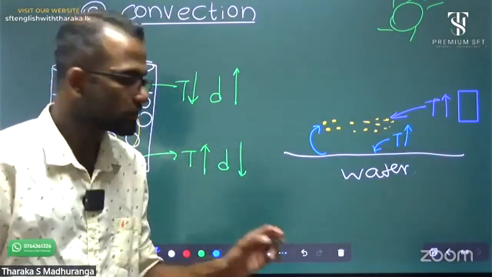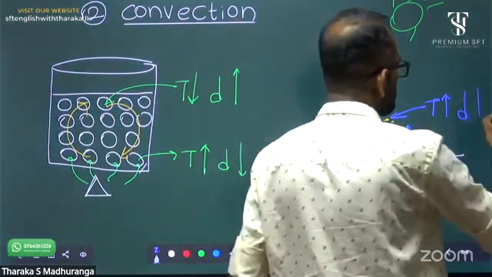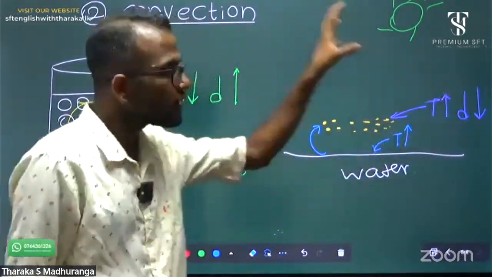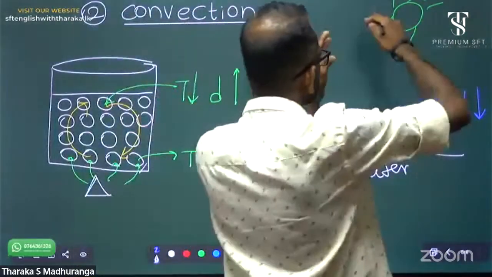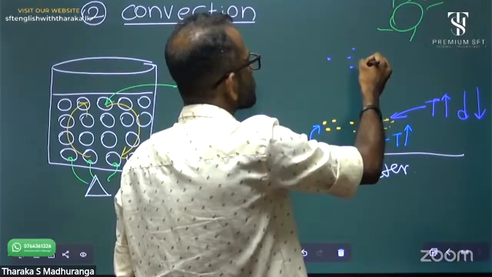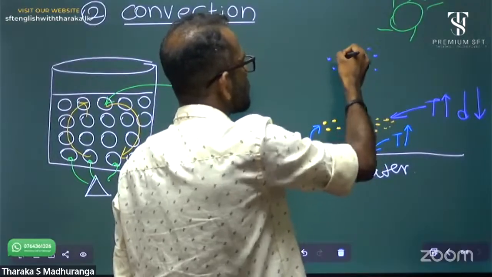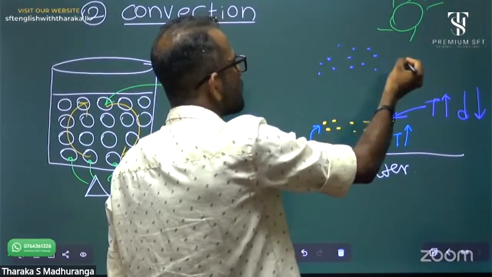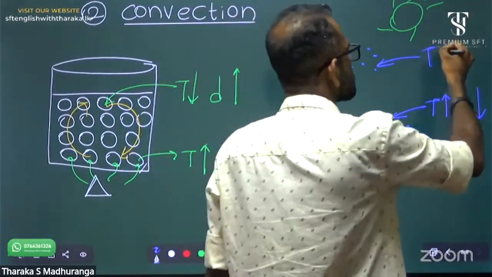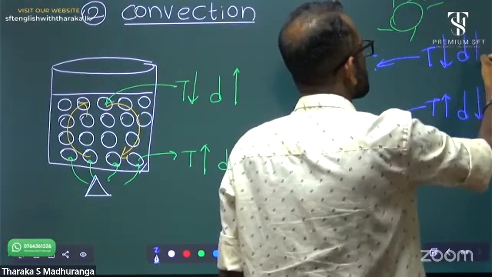High temperature and low density. Comparatively, the normal atmosphere also contains some water molecules and other gases. They are comparatively cold. Cold means low temperature and comparatively high density.